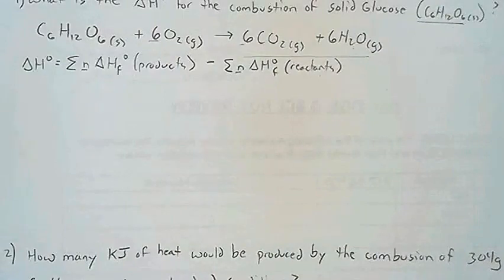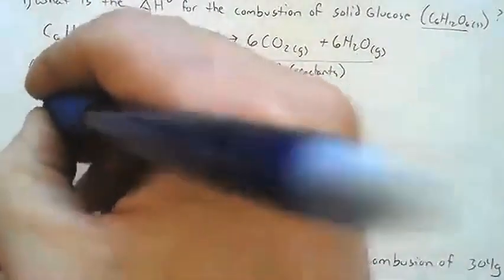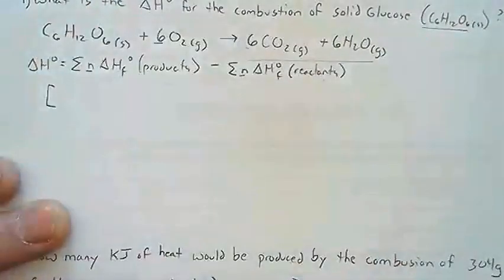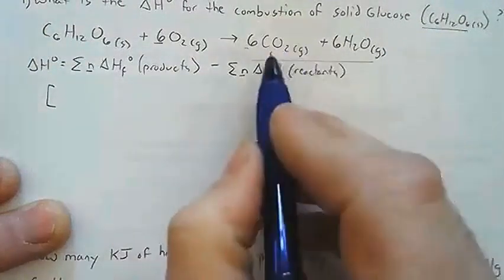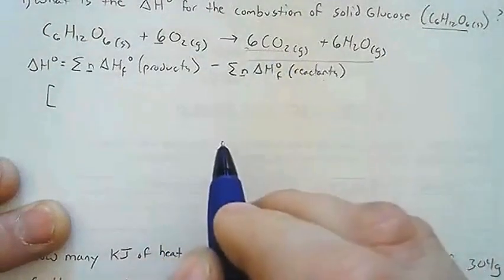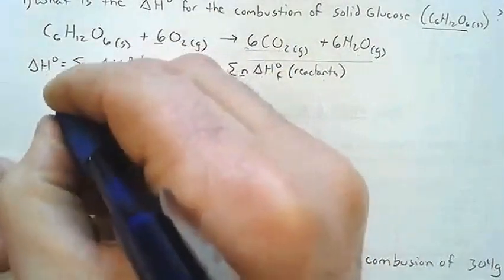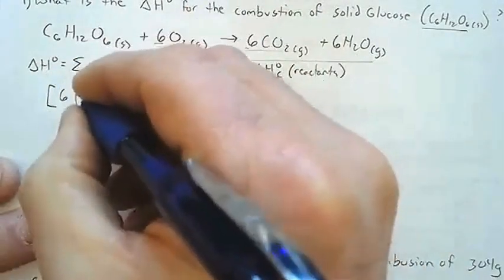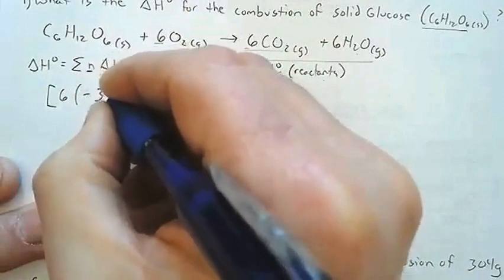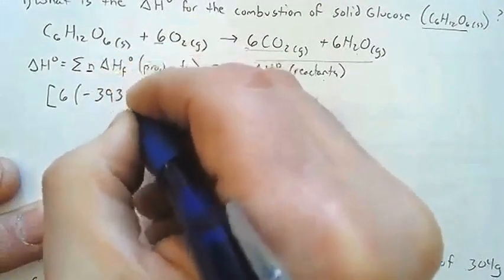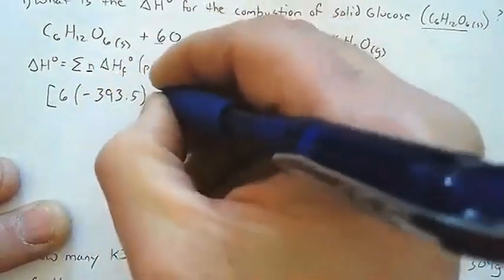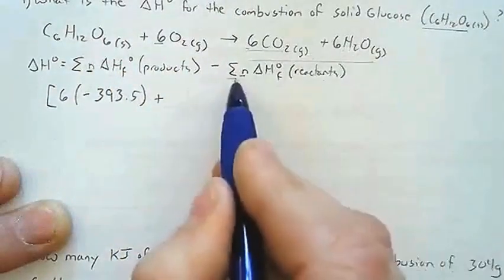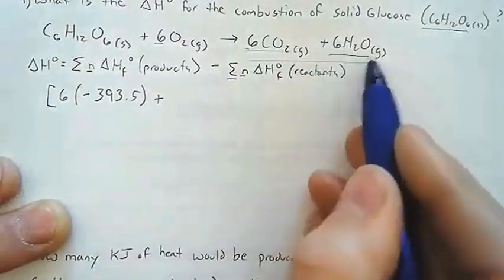So for the products, we have 6 carbon dioxides, each one, once again, negative 393.5. And then, since it's the sum, we're going to add that to the waters.